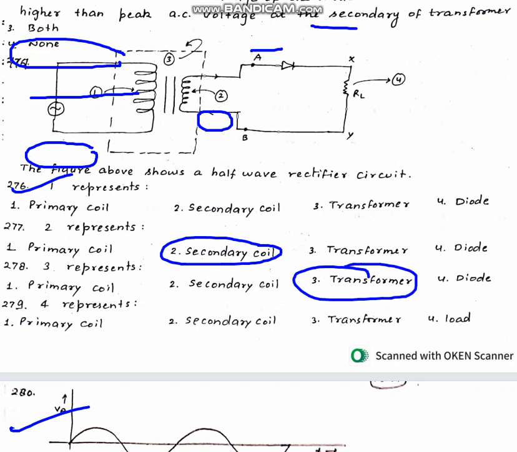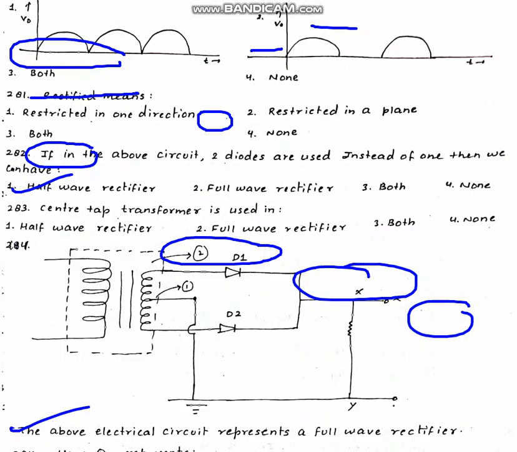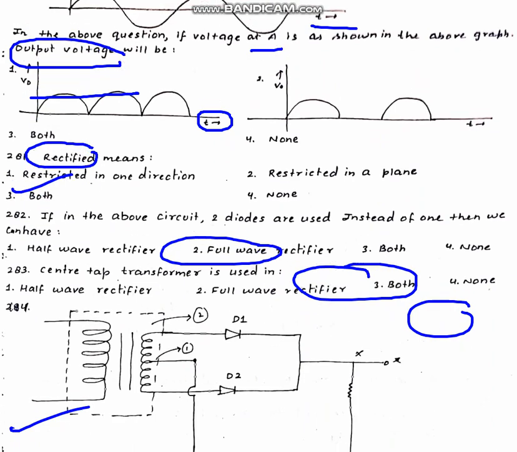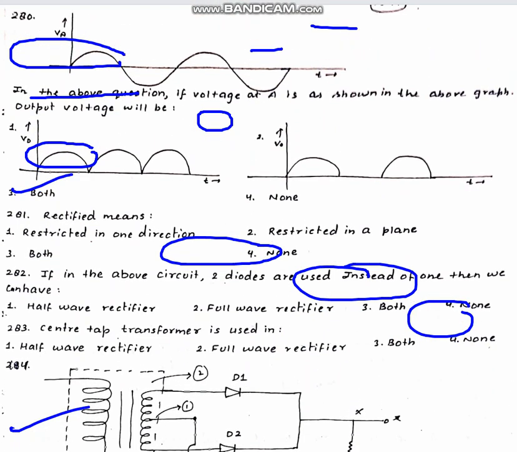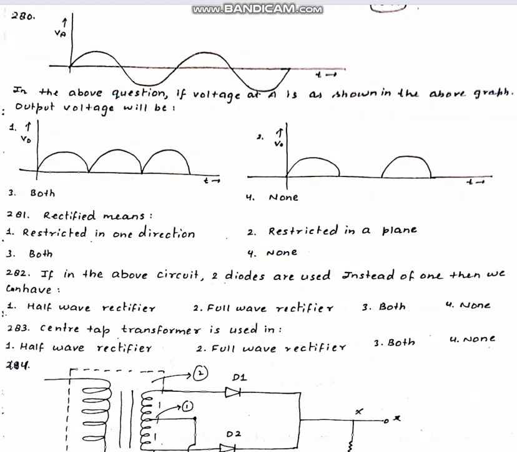Next, 4 represents the load resistance, so 4 is correct. Next, the voltage at A is given, and the output voltage will be half rectified, so given by second.